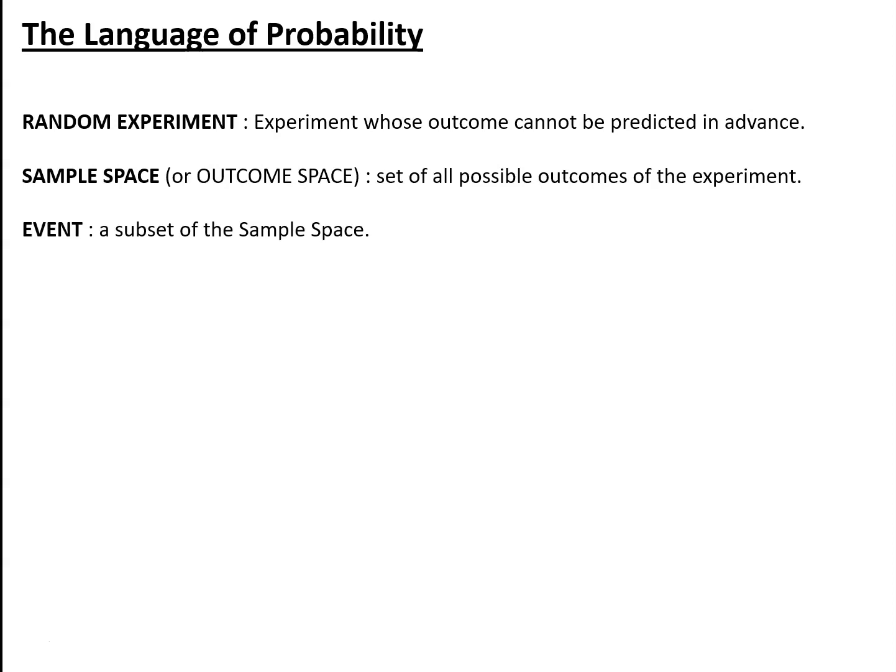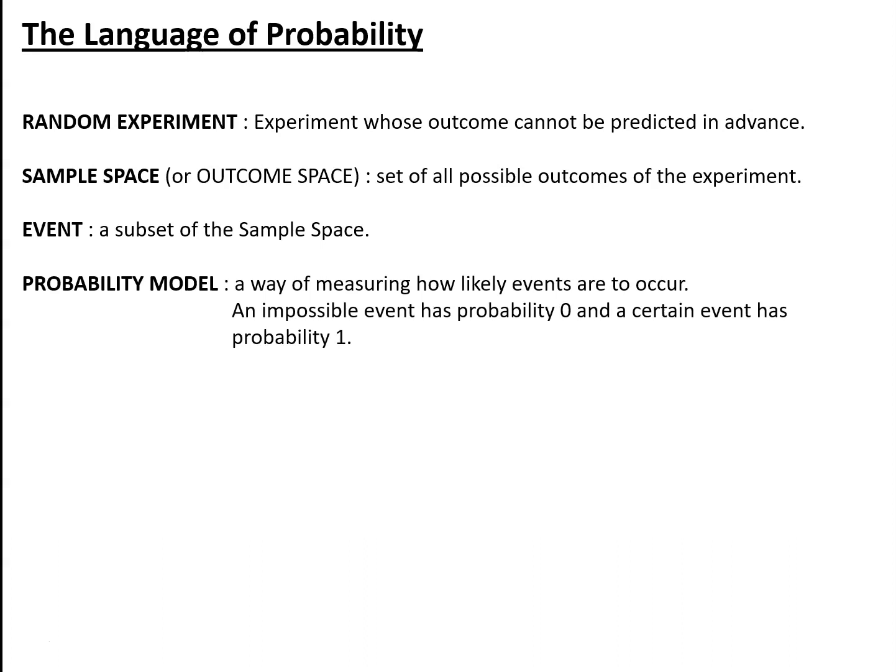An event is simply a subset of the sample space. And a probability model is a way of measuring how likely events are to occur.